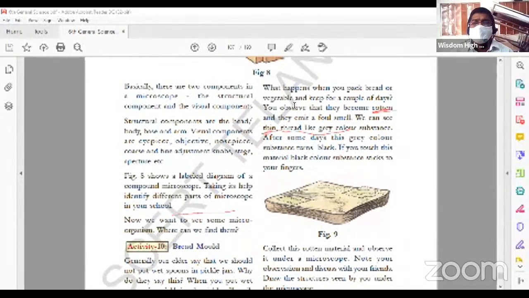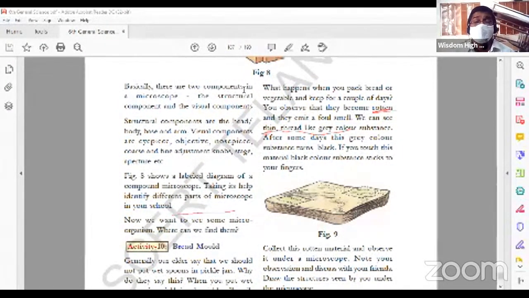If you place bread or vegetables aside, usually they become rotten and the smell changes; they produce a foul smell. Next, you can see a thin thread-like gray color substance forming above the surface of the bread.